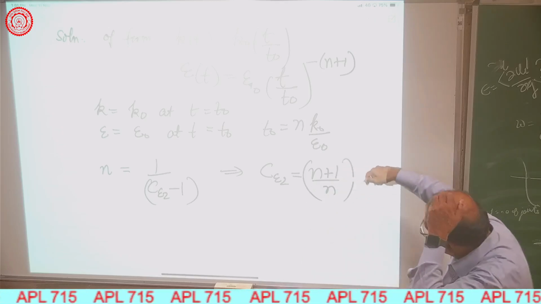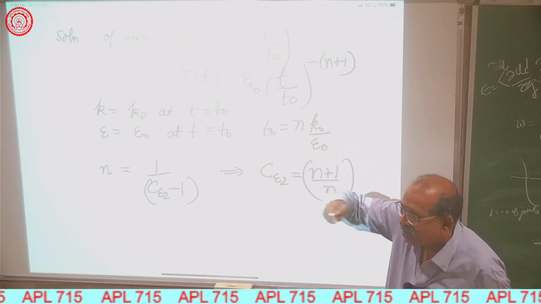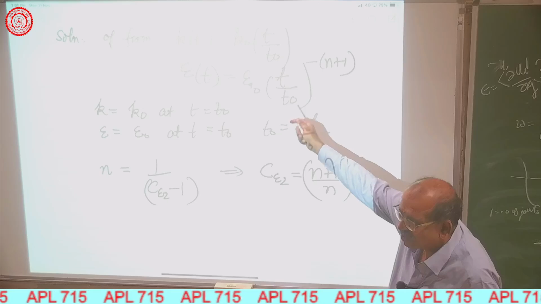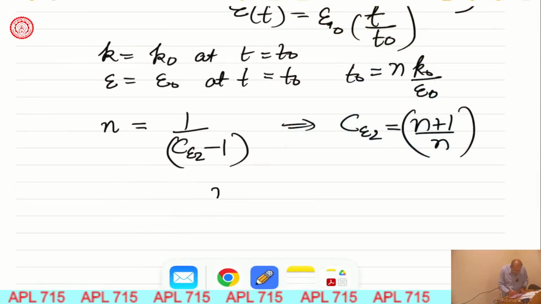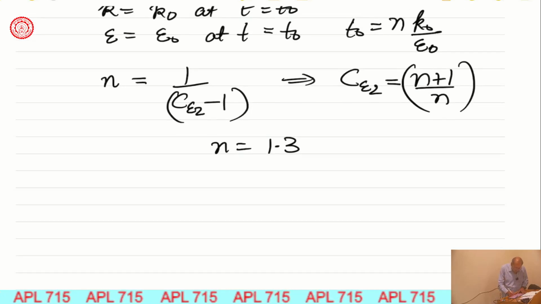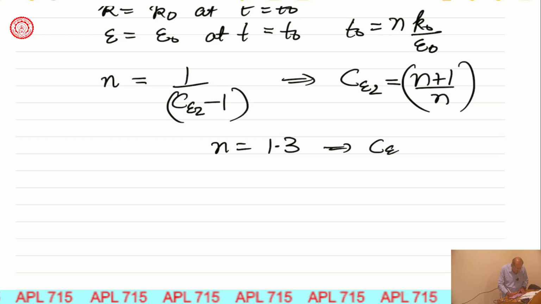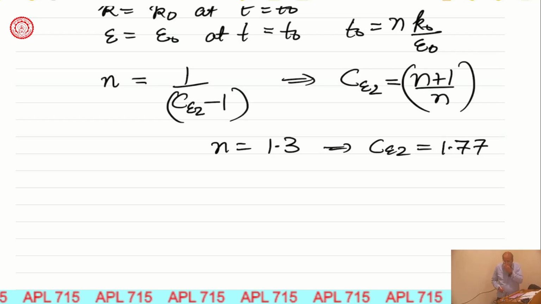But then at least here you need only the decaying coefficient, which at least for this particular case is well established. And again this may vary, but for the wind tunnel turbulence, you find from the experiments n is equal to 1.3, and this gives the value of c epsilon 2 is equal to 1.77.